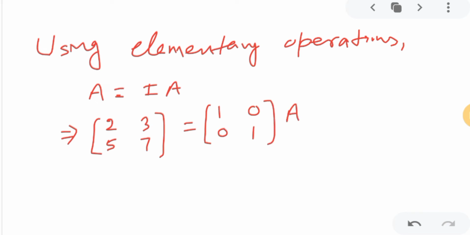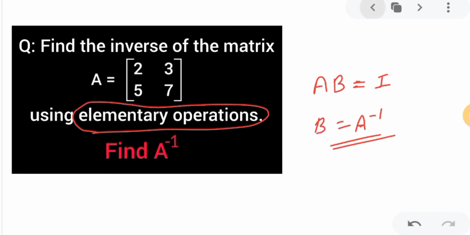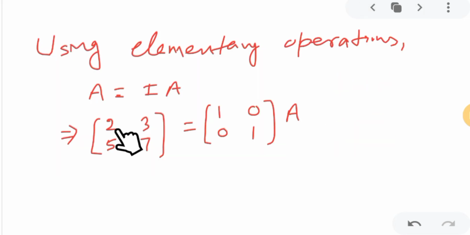So on the left side I replaced A with the given matrix, 2, 3, 5, 7, the identity matrix with 1, 0, 0, 1, and A as it is.